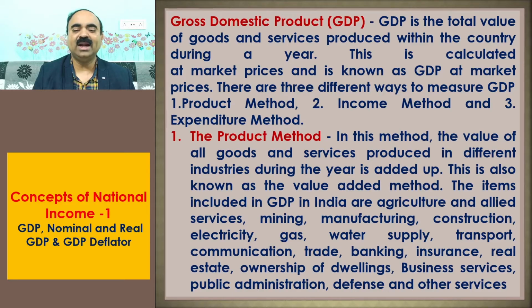The items included in GDP in India are agriculture and allied services, mining, manufacturing, construction, electricity, gas, water supply, transport, communication, trade, banking, insurance, real estate, ownership of dwellings, business services, public administration, defense and other services.